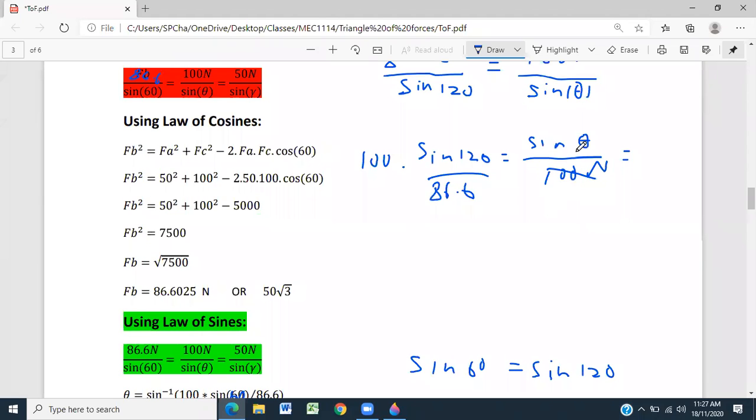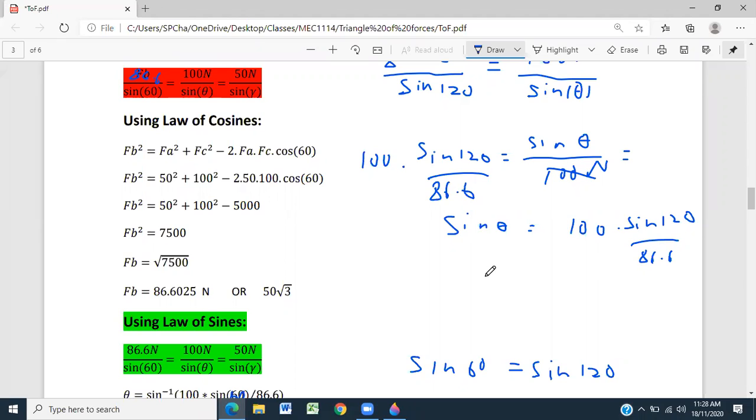So sine theta is equal to 100 times sine of 120 over 86.6. What you'll find is that sine of 120 times 100 is also 86.6, right?